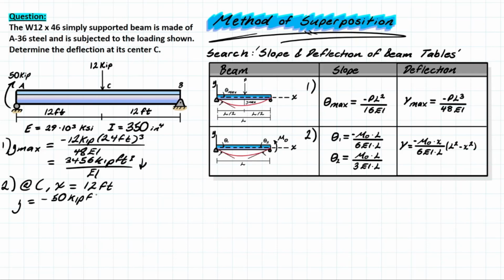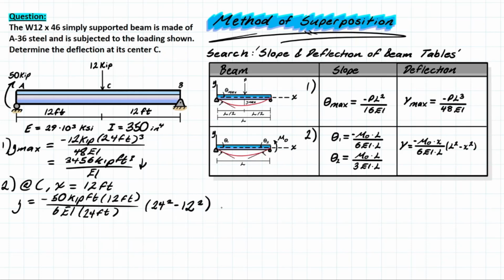So you have 20,000 kip foot for that moment over here. And then we have point C at x equals 12 feet. So we're plugging in that 12 once again, 12 feet here. This is going to be over 6 EI times the length of the member. So 12 plus 12, that's going to give us 24 foot. And then the last part of the equation is going to be that L, which is 24 once again, subtracting X, which is 12.